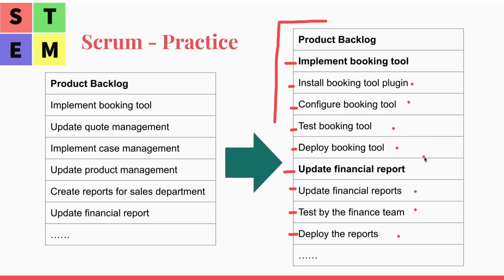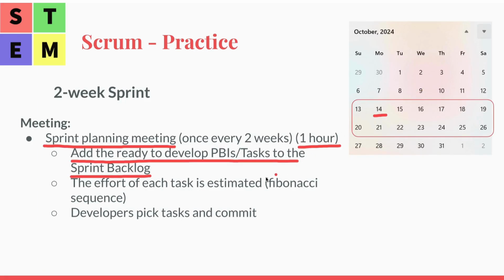So the effort will be estimated. And then developers pick tasks that they think they are able to do and commit. Once they commit, they are committing that they can finish those tasks within that sprint.